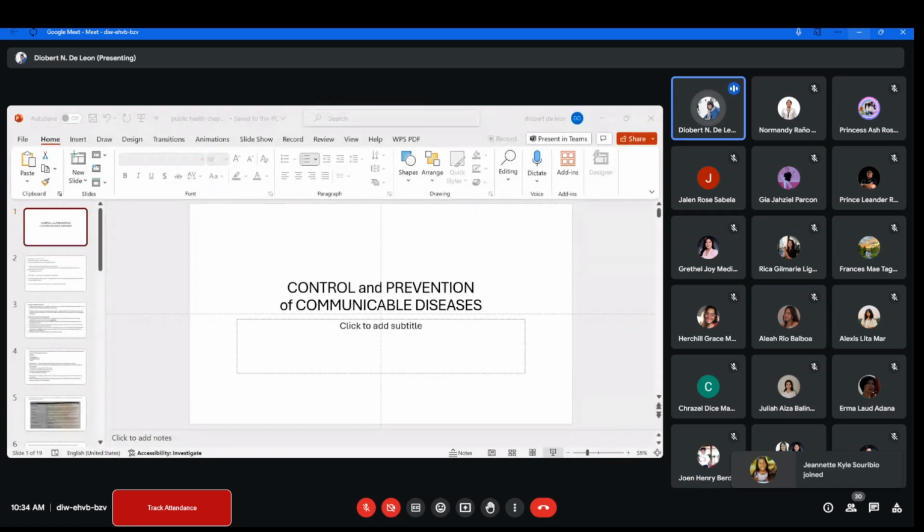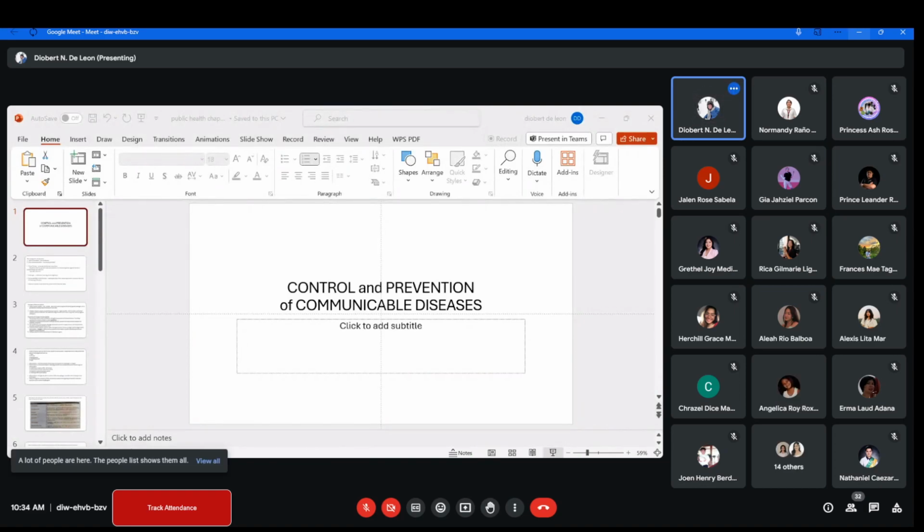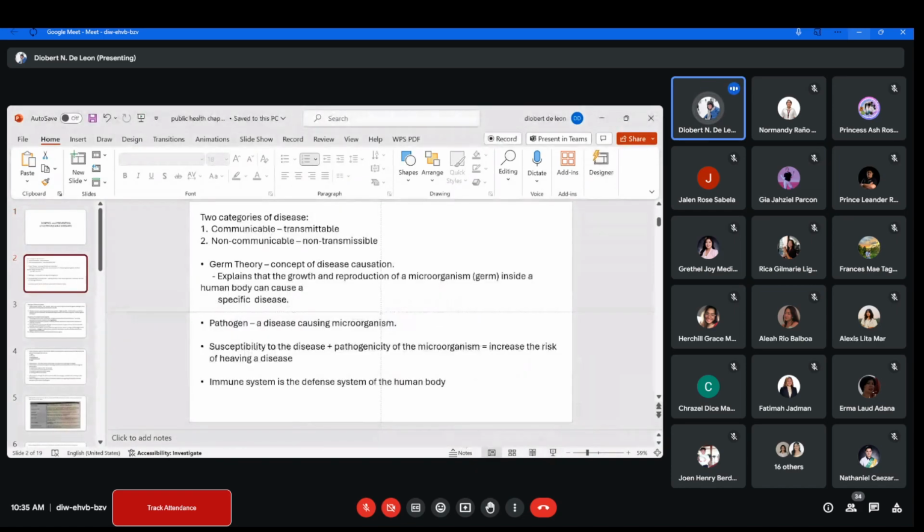And the second one is the non-communicable disease, which is non-transmissible. Communicable diseases are caused by microorganisms, which can either be bacteria, parasite, fungi, we have the prion or the virus.